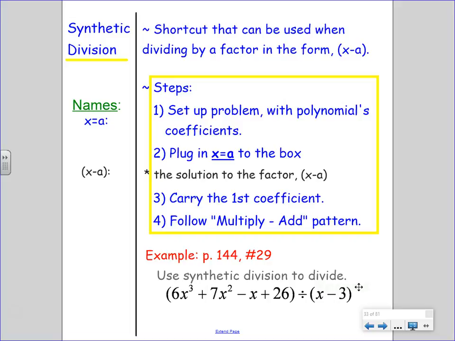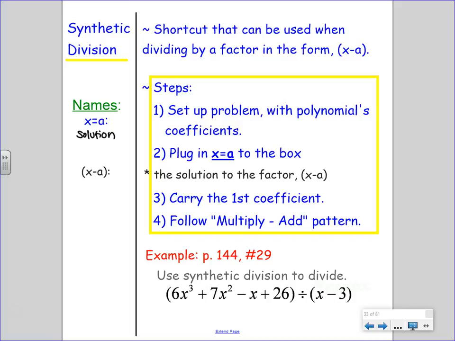Now, as you are writing the steps, I have two quick clarifications about the names of what's going on in the steps. There is x equals a, and that is called a solution, or a possible solution, we probably should say. If the remainder is not zero, it's not an actual solution.